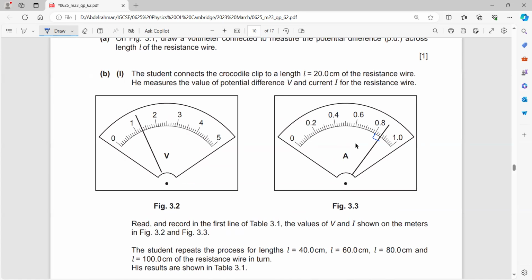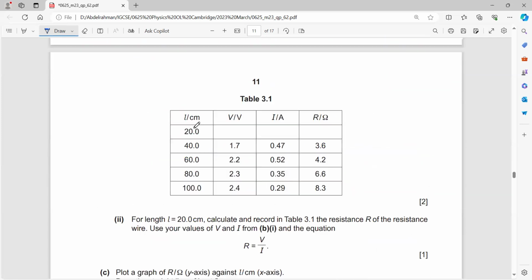It has to be 86. 1.3 and 0.86. Can I find the resistance? Yes, I can calculate the resistance. R equals V over I, 1.3 over 0.86, 1.5 ohms, yes.